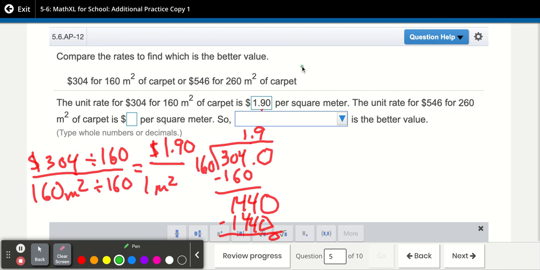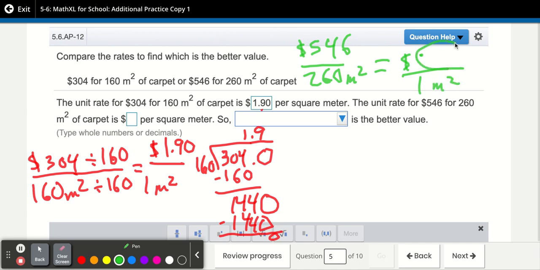So if we have the second scenario where it's $546 for 260 square meters, can't we just say, okay, our unit price is going to be 546 divided by 260.